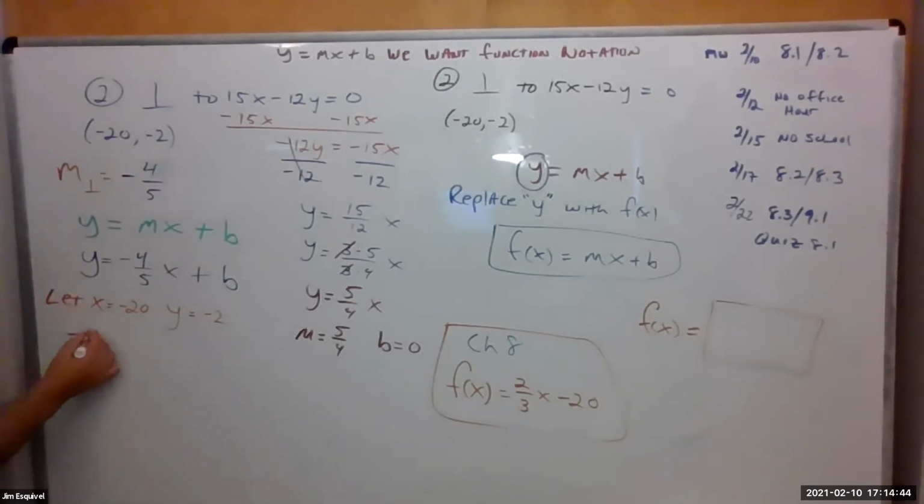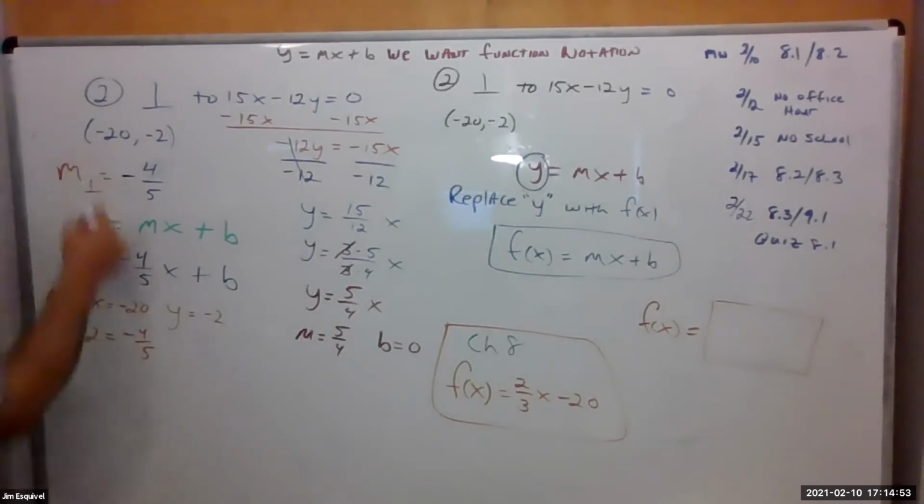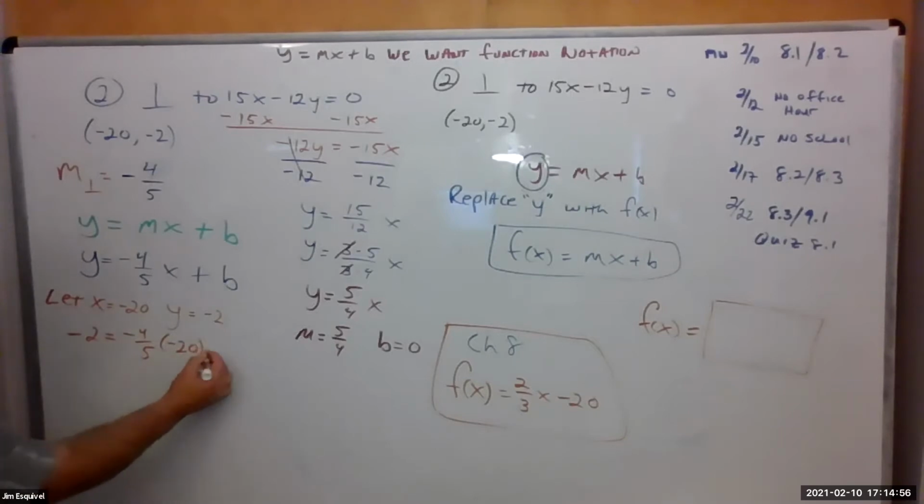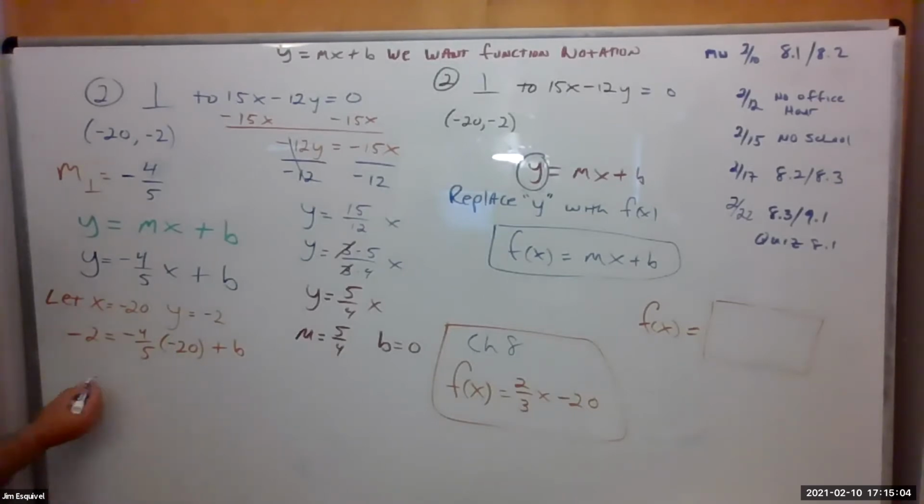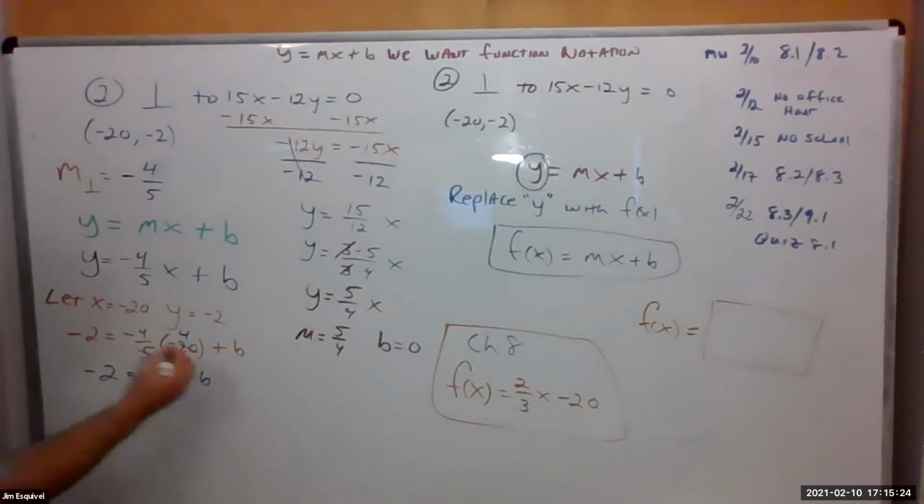So negative 2 equals negative 4 over 5 times x, which is negative 20, and your plus b. So negative 2 equals negative times a negative is a positive. 5 goes into 20 4 times. So a negative 4 times a negative 4, positive 16 plus b.